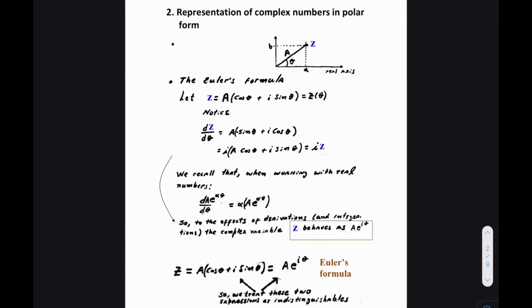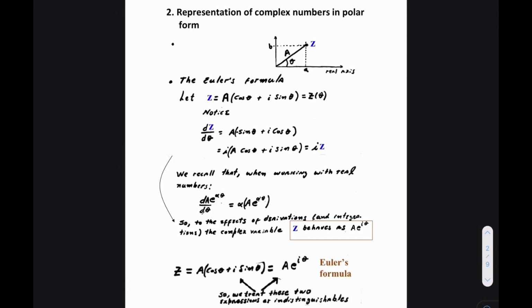Remember, if we are dealing with a times e to the power alpha theta where they're real, then differentiating this with respect to theta would give us alpha times the whole thing again. And now if you differentiate this one with respect to theta, you will get the same result as this one. You can repeat this for integration too and see that this result holds.